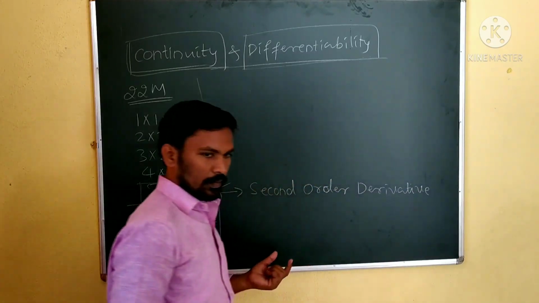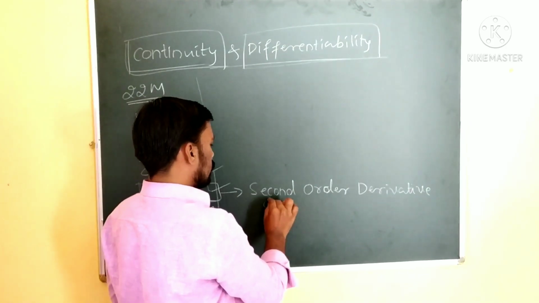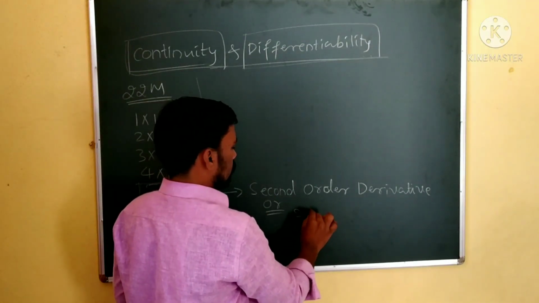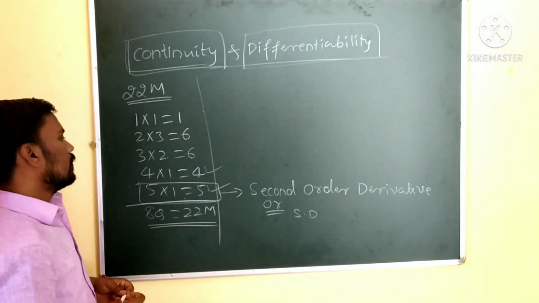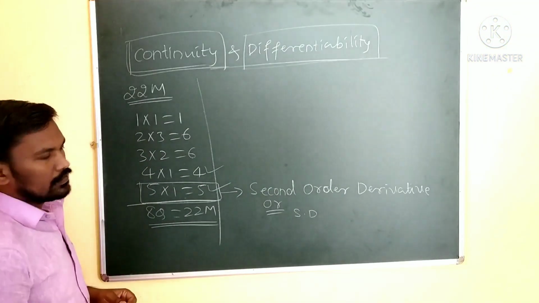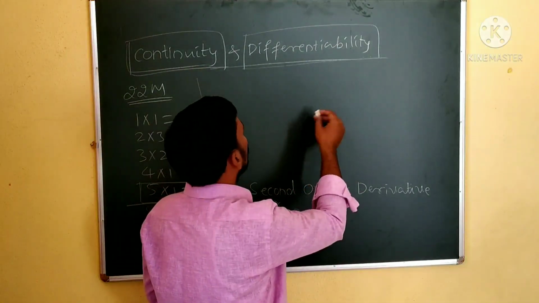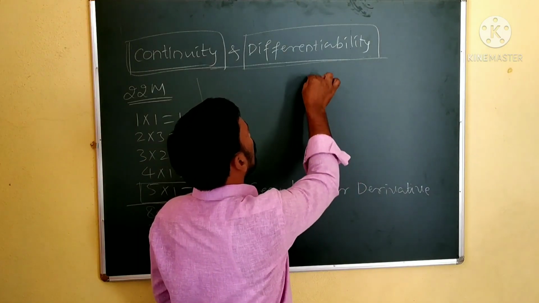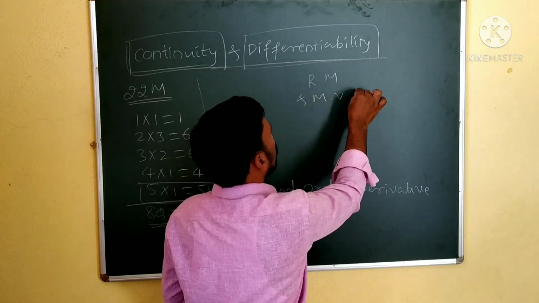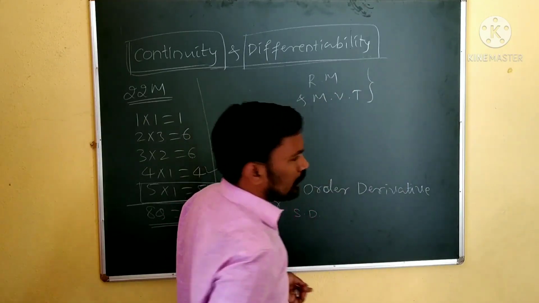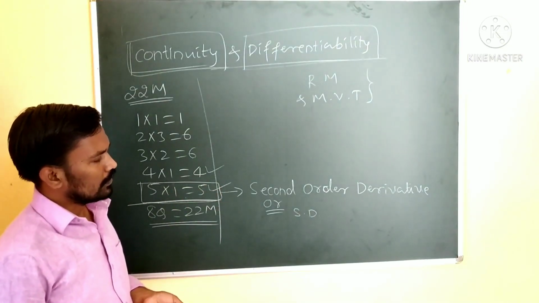It is also called double differentiation, or successive differentiation. Very important. And in this chapter, the deleted topics are Rolle's theorem and the mean value theorem. These 2 concepts are deleted.